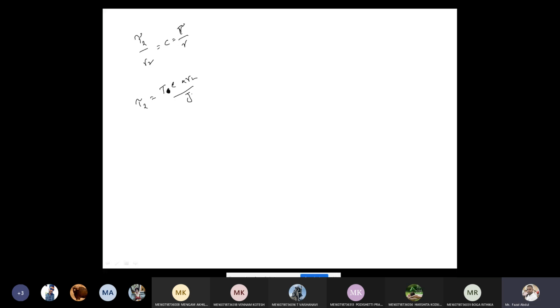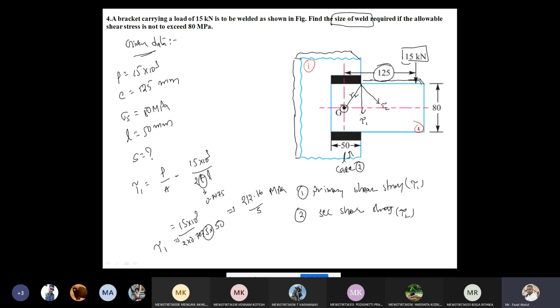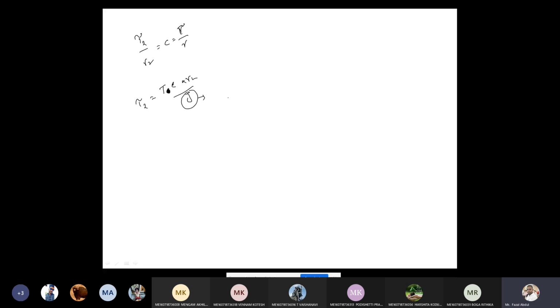J is the polar moment of inertia. This J value we need to take from the table. This one we already calculated in the derivation, the J value for this type of figure. How much?